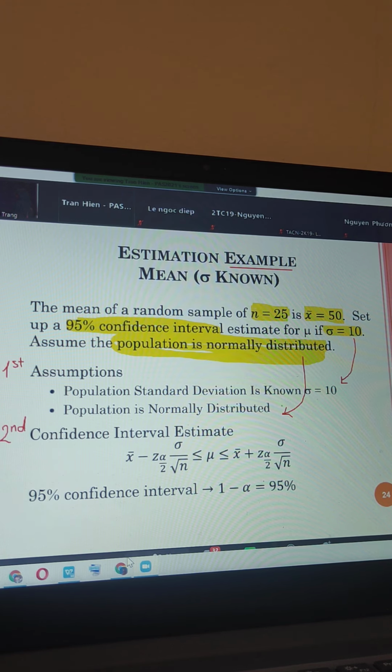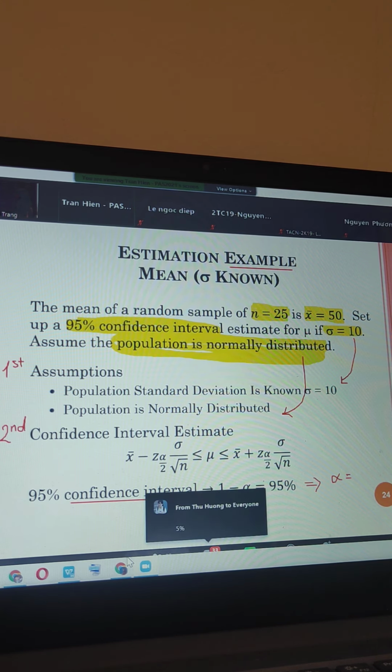So after checking the assumption, you can define the confidence interval estimate. Because the confidence level is 95%, we know that 1 minus alpha equals 95%. So what is the value for alpha here, class? Yes, 5%.